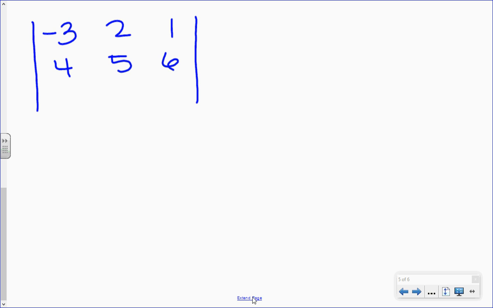Please find me the determinant of -3, 2, 1, 4, 5, 6, 2, -3, 1. By hand, please find me this determinant. Feel free to check with your neighbor when you both get answers.